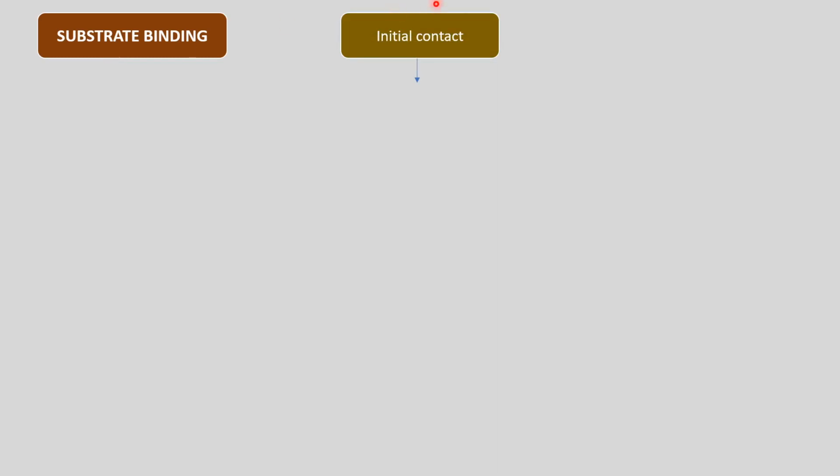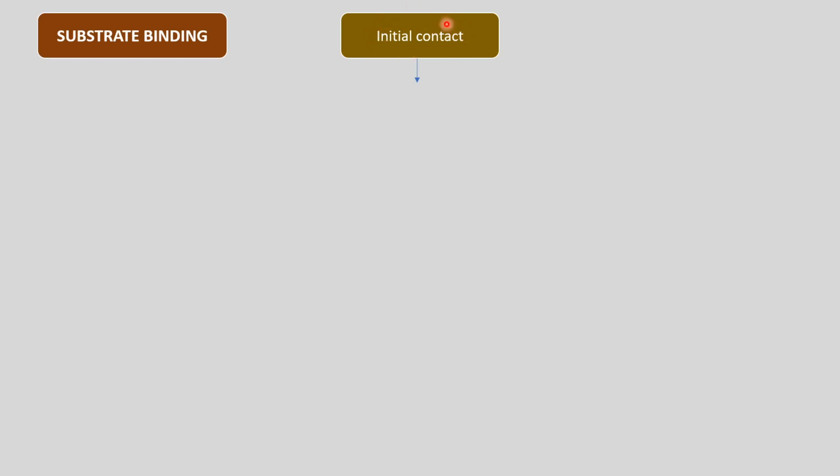Now let us have a look into the process of substrate binding. What is the initial way by which the substrate comes into contact with the enzyme? Substrate, for those who do not know, is the substance that will combine with the enzyme to give the product, right?